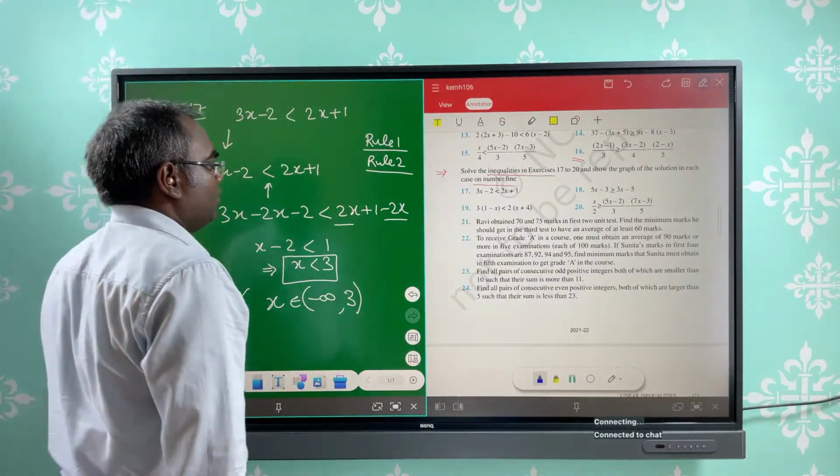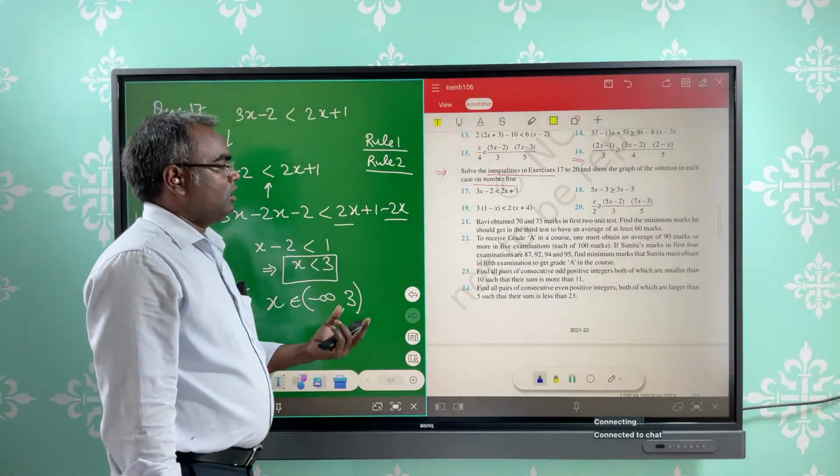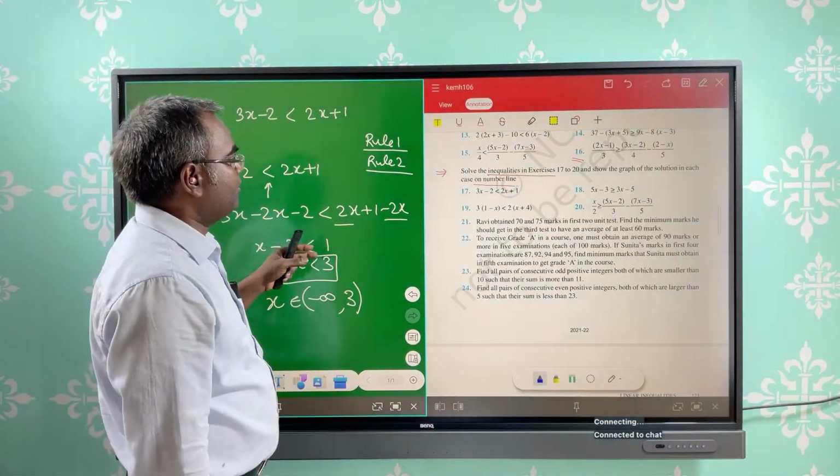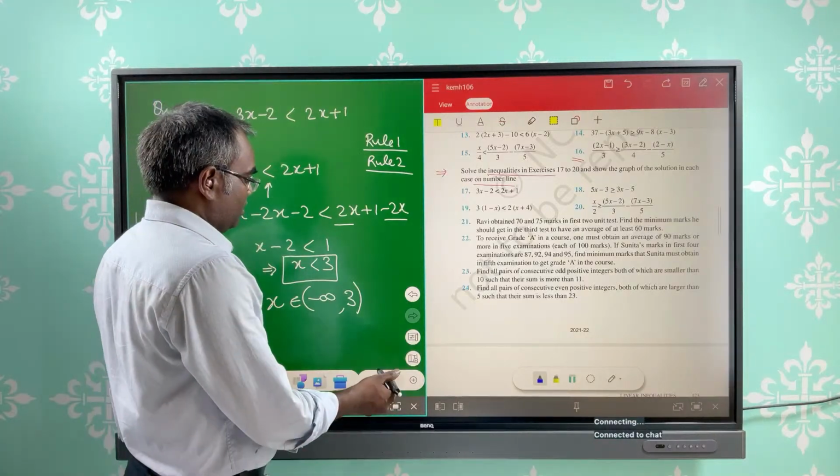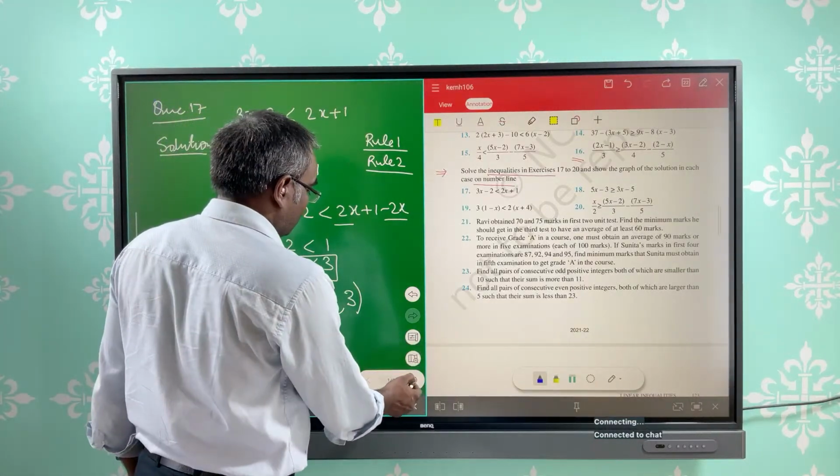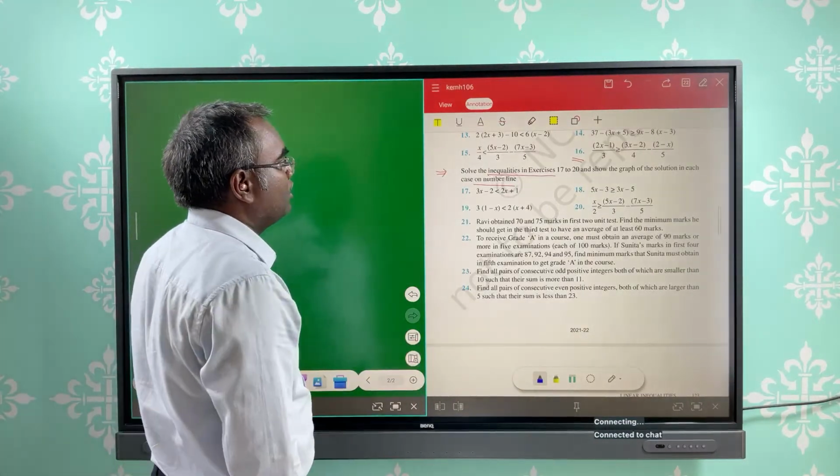So, friends, I have solved problem number 17. Now, let's solve problem 18.